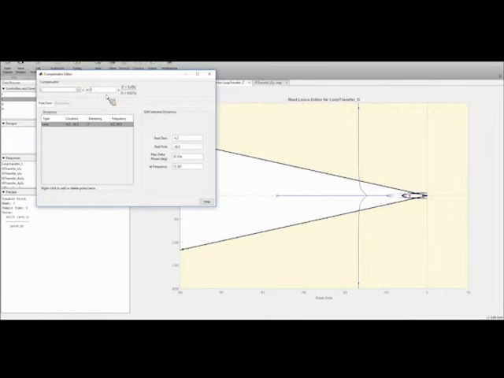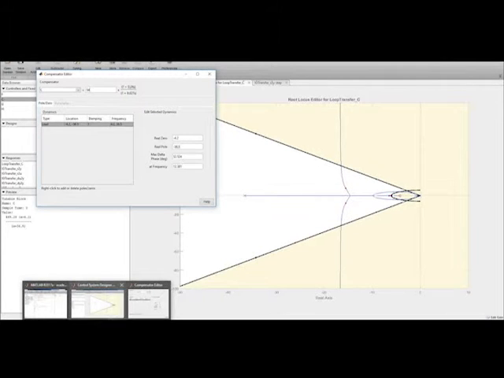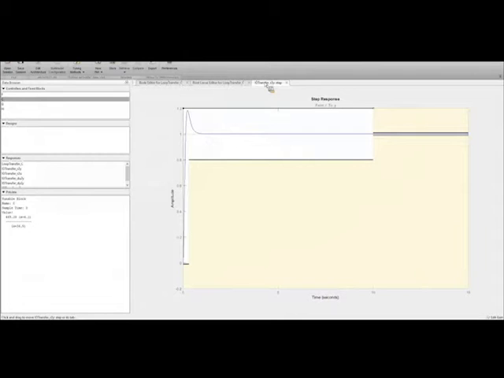Okay, and so then looking at this step response again, we see something now that's satisfying all those, right? So it got us very, very close. We had to manipulate these a little bit.